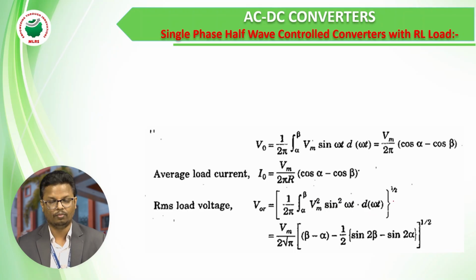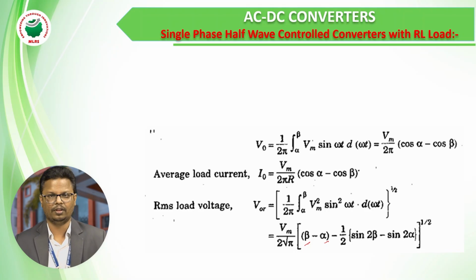From deriving this, we get the RMS load voltage as Vm by 2 root pi times the square root of beta minus alpha minus 1 by 2 sin 2 beta minus sin 2 alpha. These are the output average voltage, output average current, and output RMS voltage.